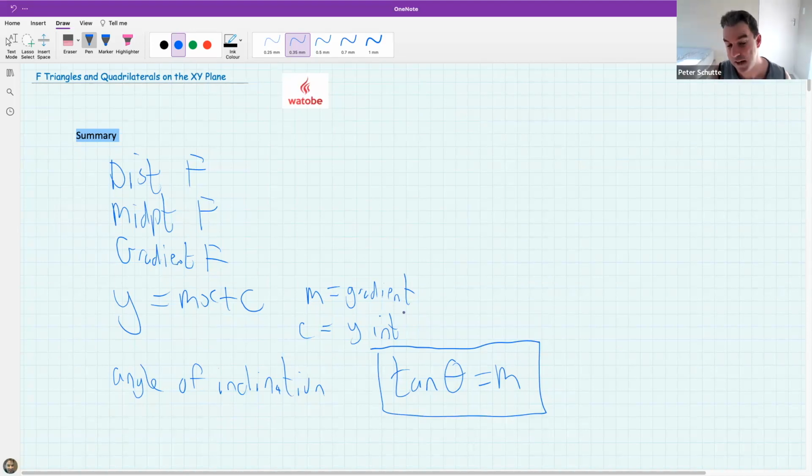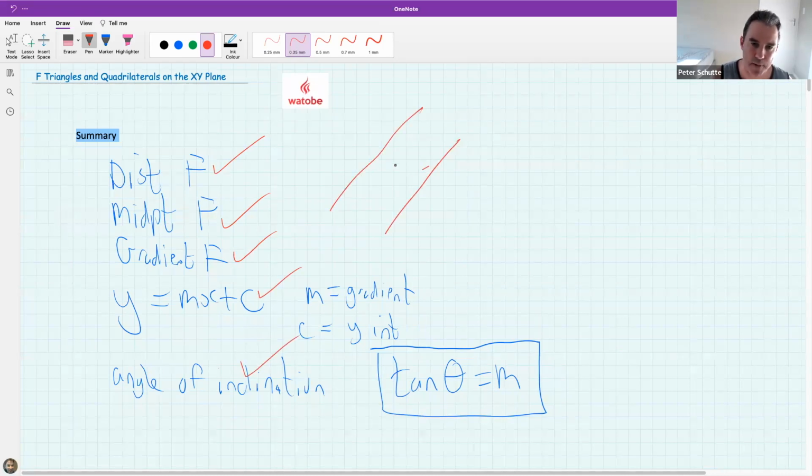So we've done quite a lot of stuff, and today's lesson is going to focus on a couple of extra things, but we're always going to come back to using these tools. So you want to get more and more comfortable using the tools in your toolkit. We're going to talk a little bit more about parallel lines, and about perpendicular lines, or lines that are at 90 degrees to each other.